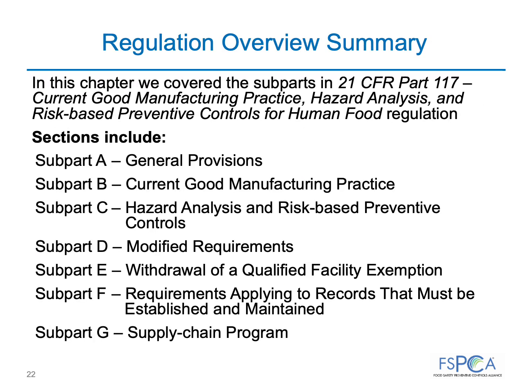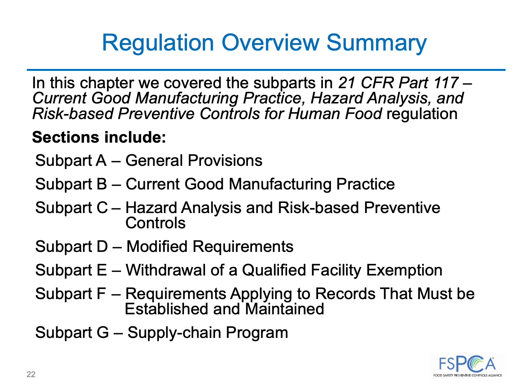The current good manufacturing practice, hazard analysis, and risk-based preventive controls for human food regulation is intended to focus preventive controls where they matter most. GMPs are required for all facilities unless an exemption exists.